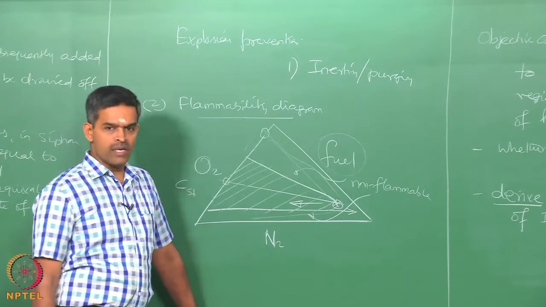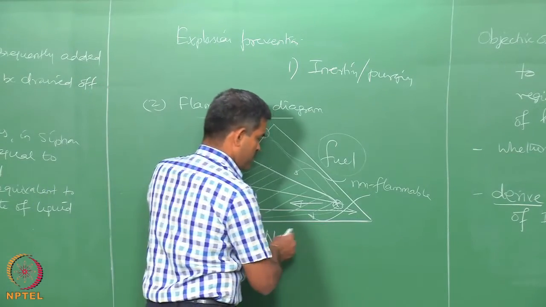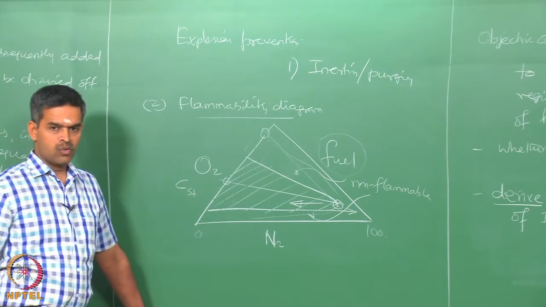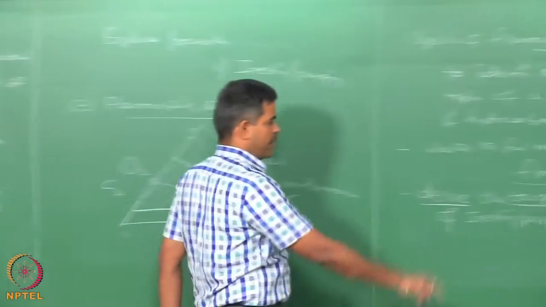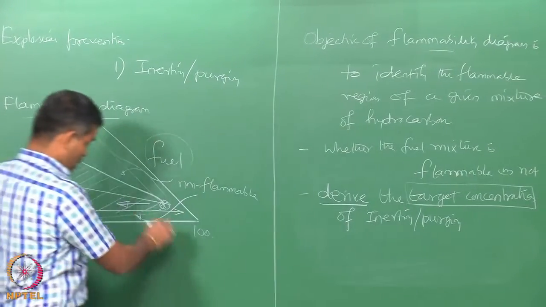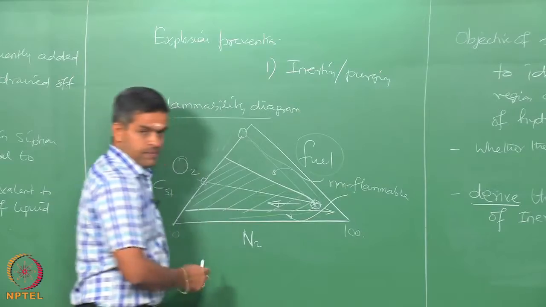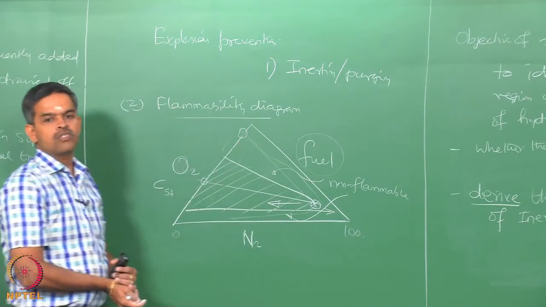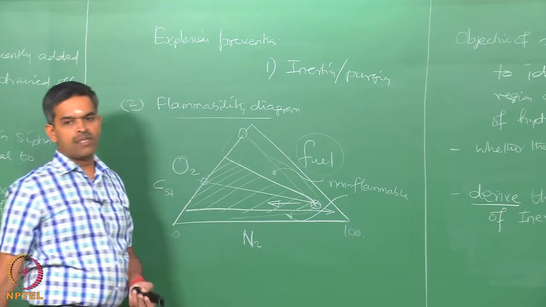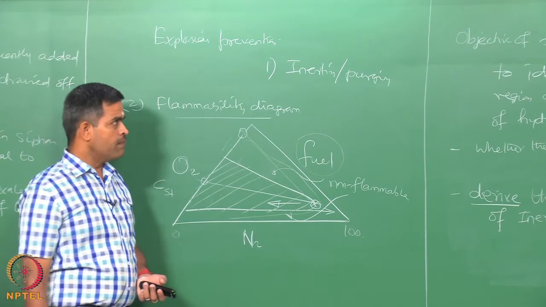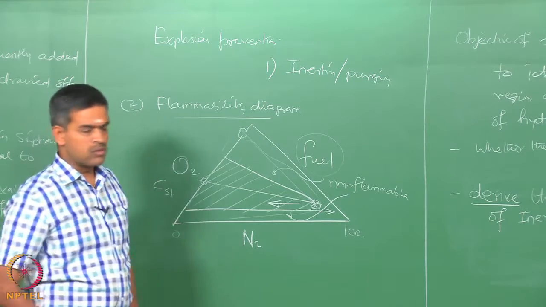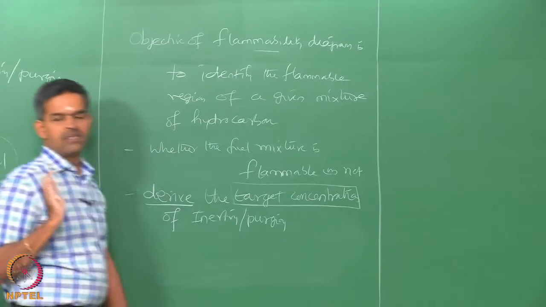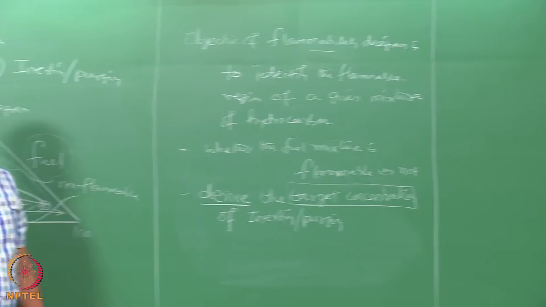So, what I am essentially doing is changing the nitrogen concentration, from 0 to 100, to such a desired level that the nose of the flammability region is contracted and the flammability region shrinks, so that a larger area remains non-flammable. Therefore, the flammability diagram can be intelligently used to decide the target concentration at which you must purge the given vessel to prevent fire hazards.